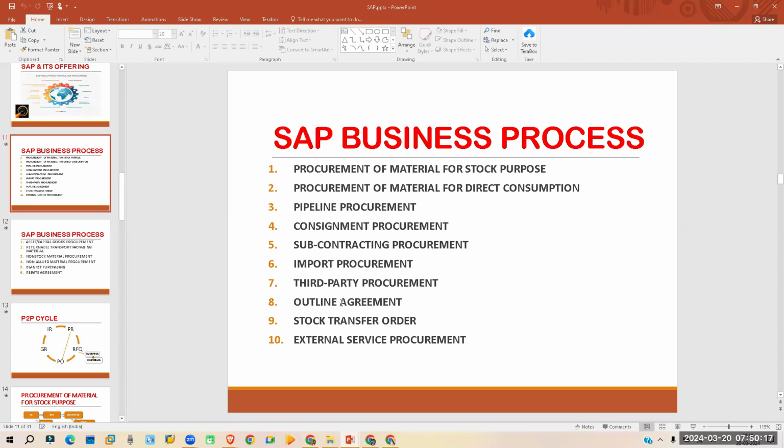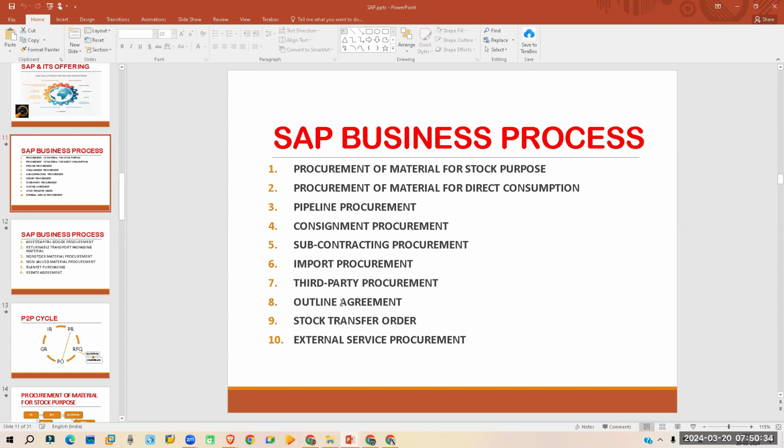Due to the same company, they will not be able to sell that product to them. You are only manufacturing, you are only using, so you will not sell that product, rather you will be doing the stock transfer process.